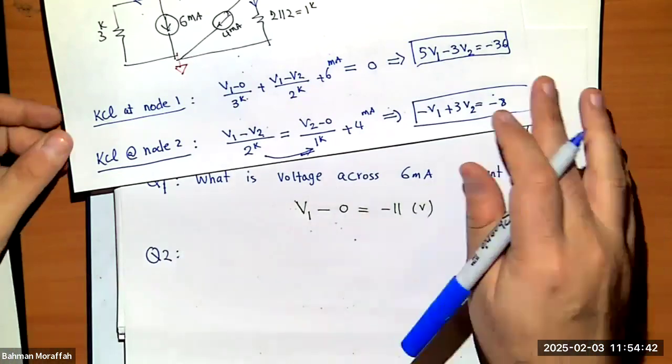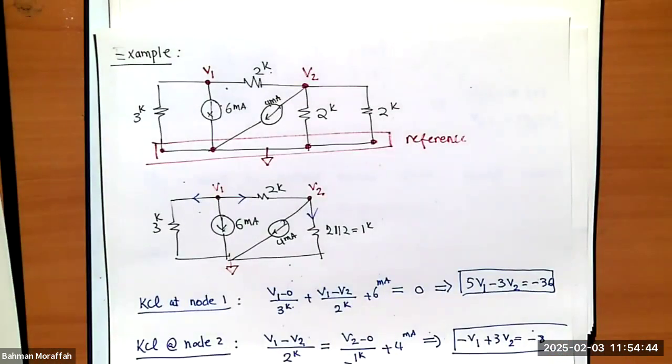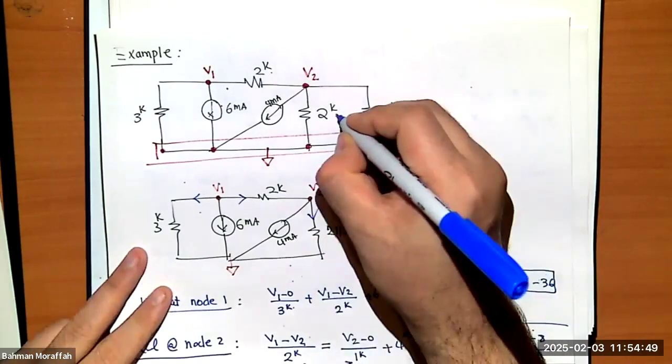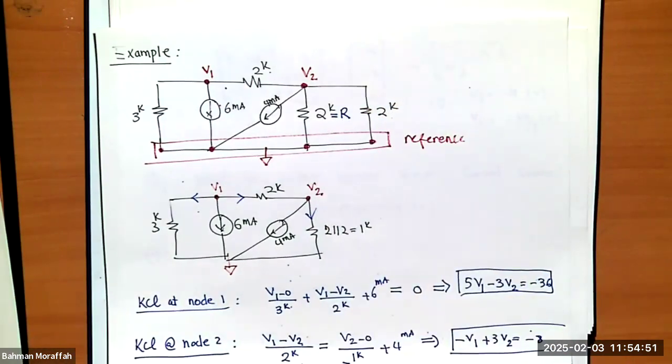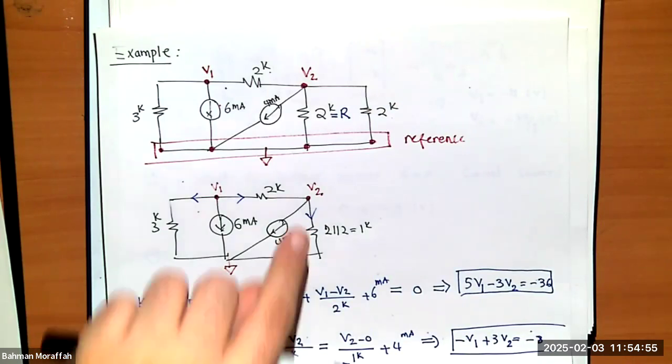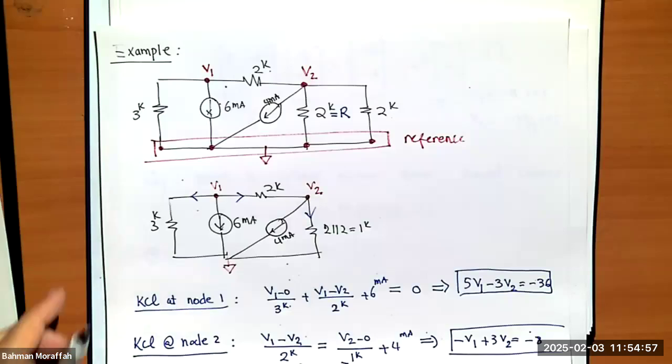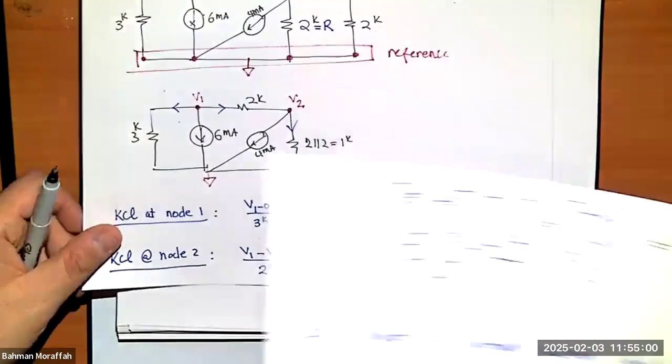Question 2. Let's call this guy over here R. So this 2K, we called it R. The question is, what is the voltage across R?